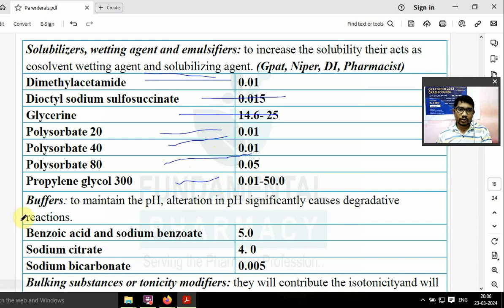Buffer to maintain the pH of preparation, adequate pH of preparation. Benzoic acid and sodium benzoate 1%, sodium citrate 4%, sodium bicarbonate 0.05%.